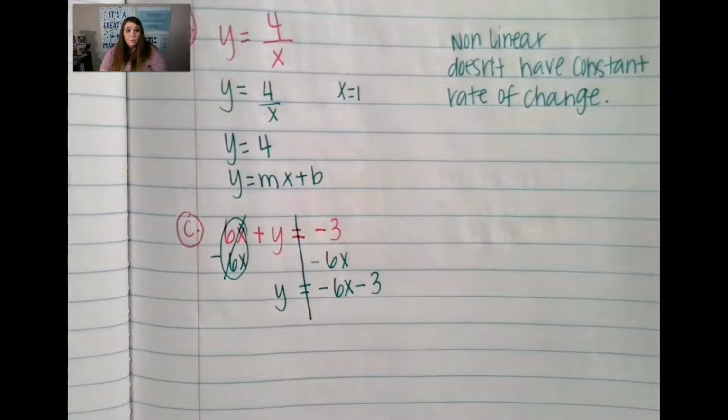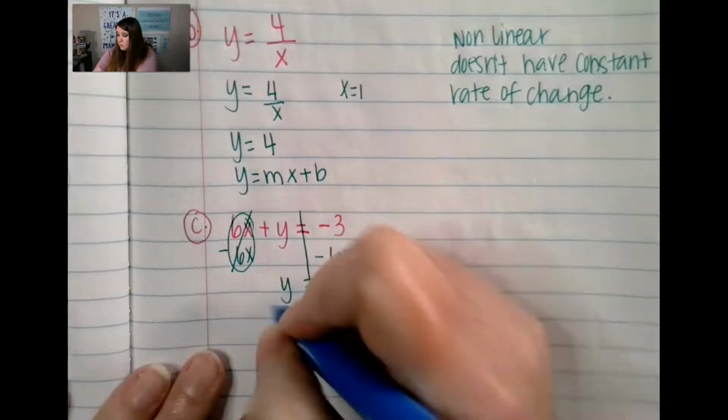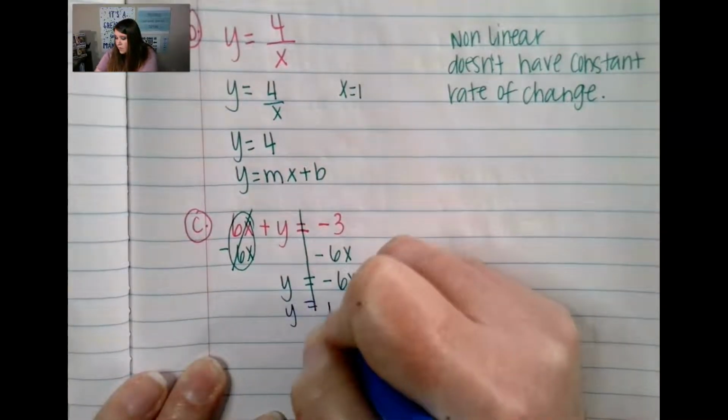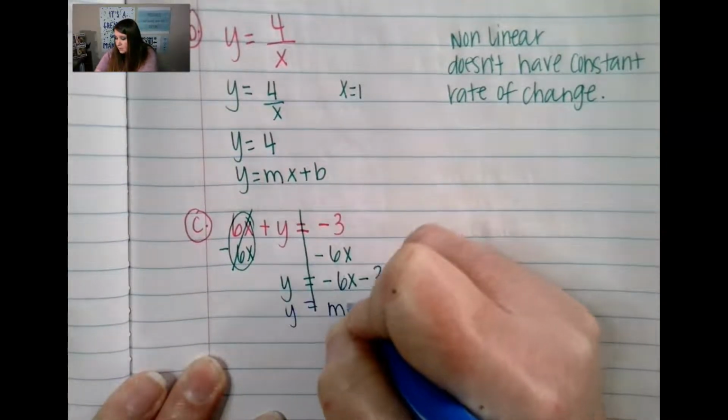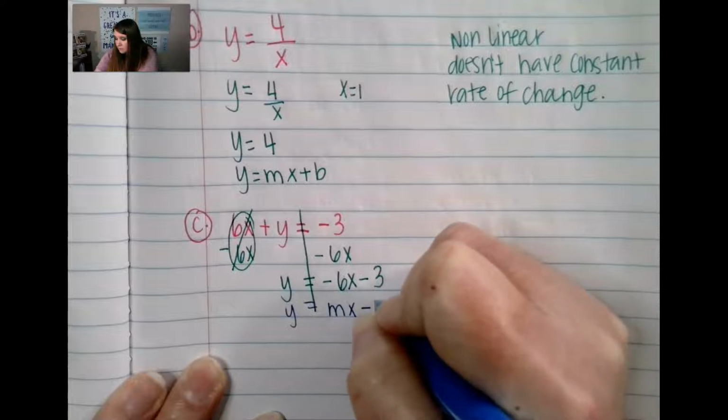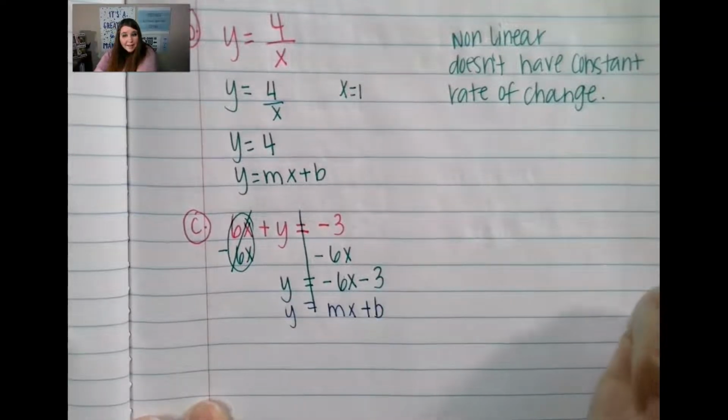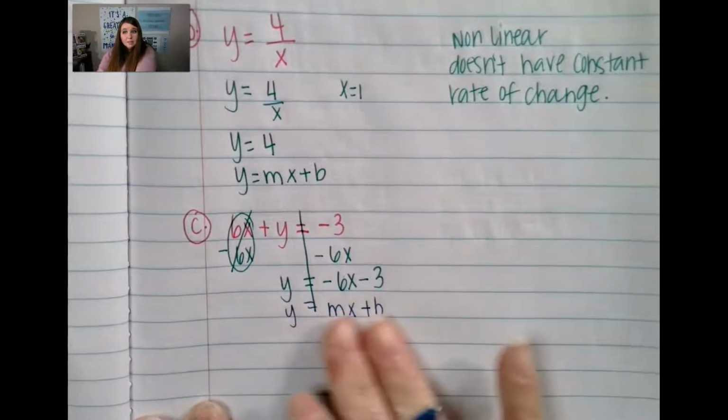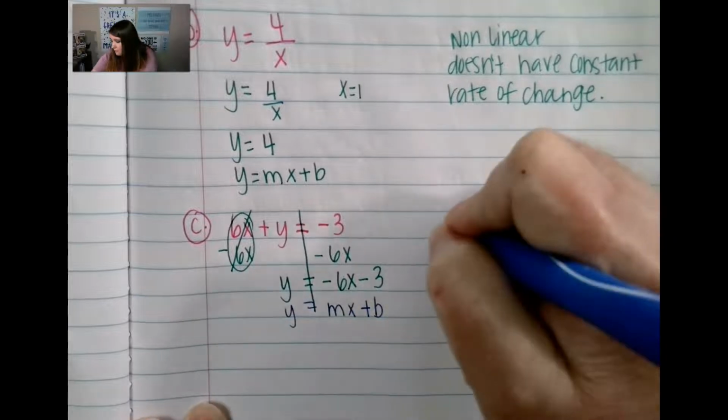Again, we're looking for y equals mx plus b. Y equals m, there's my m, my slope, x minus b, or plus a negative b. This is a linear function.